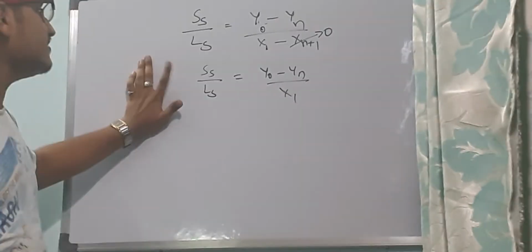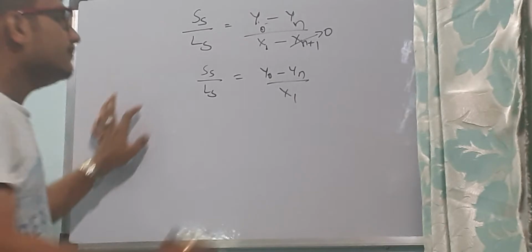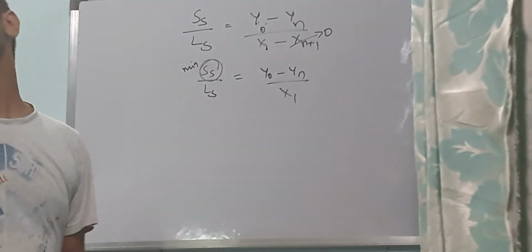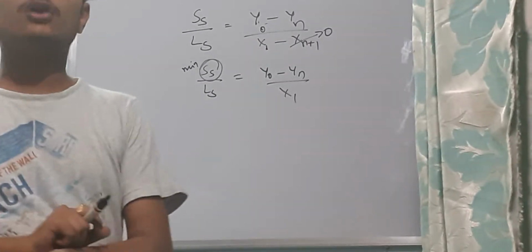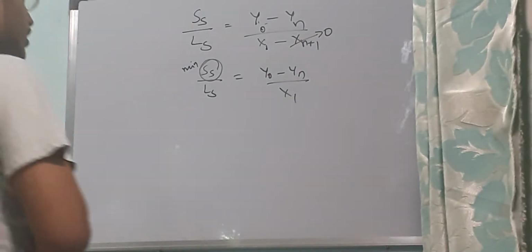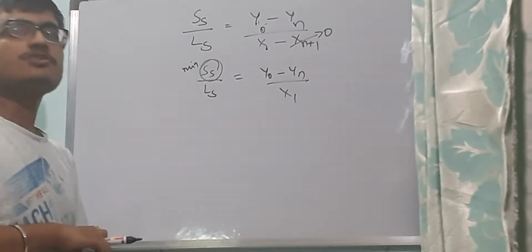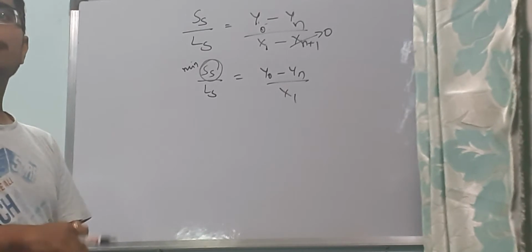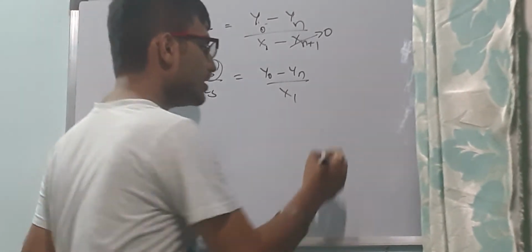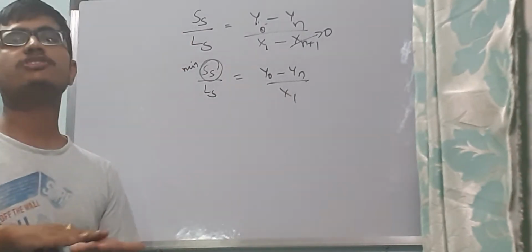So now from this equation we have to derive the minimum value of Ss that is required for the maximum amount of adsorption to occur. So what should happen? More and more solute should get settled on the solid surface.